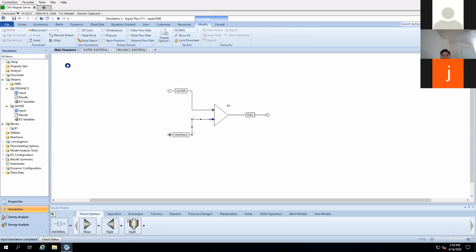Okay, well, in short and sweet TLDR, doing this, you've specified your inputs, you know how much water you put in, and this is a way to specify the mass flow of your organics in the feed, because you can look at the results for your feed and see the mass flows of organics as well. This is just the way I did it, so I didn't have to calculate this all by math.